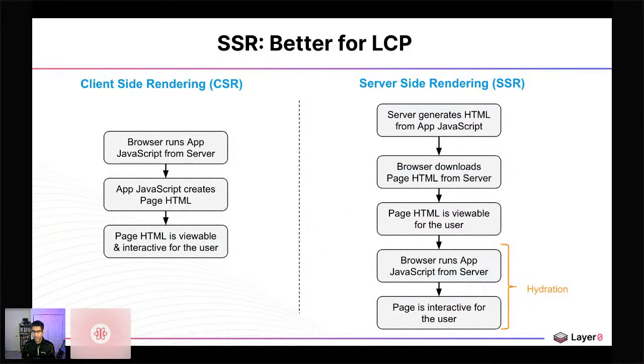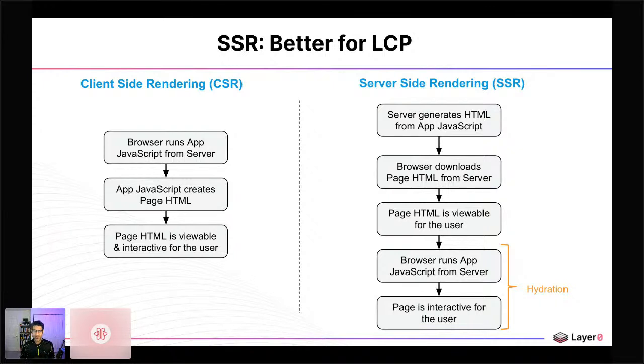Which brings us to probably one of the most impactful things to improve your LCP, which is to use server-side rendering. So in, say, client-side rendering, which is what you'll get out of Create React App, the browser isn't going to show any HTML, including the HTML for the largest contentful paint element, whether it's text or an image, until that JavaScript is parsed and run and executed, and it builds out all the HTML on the page.